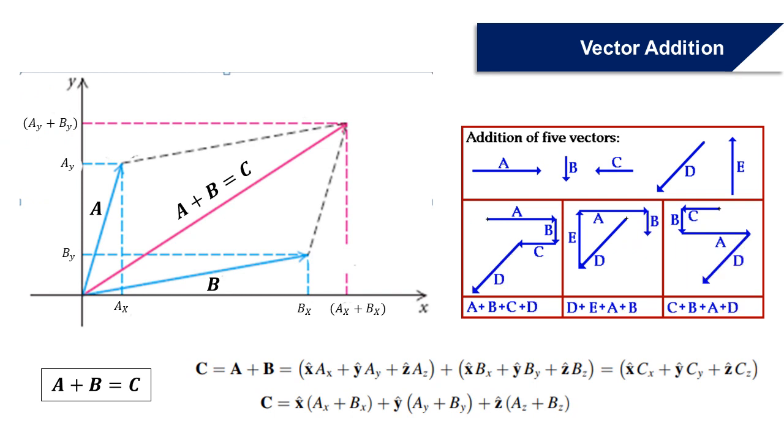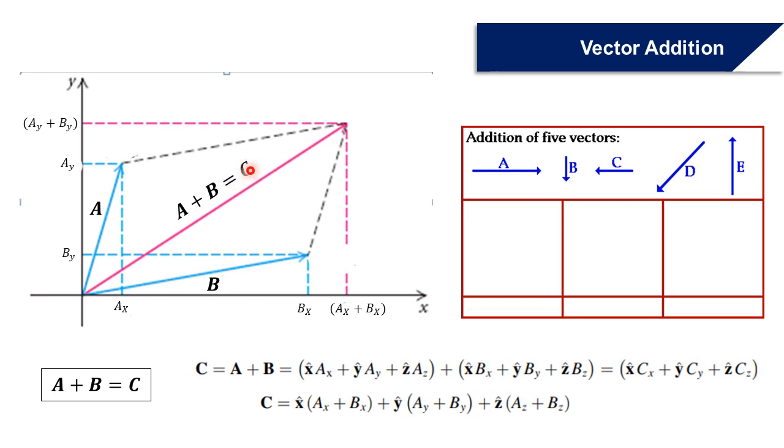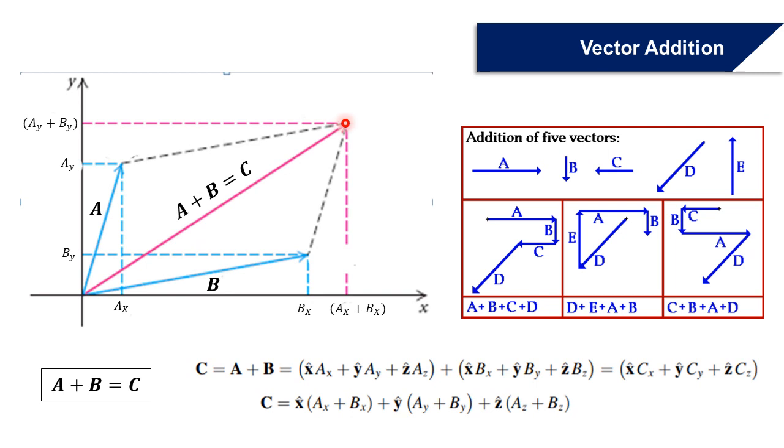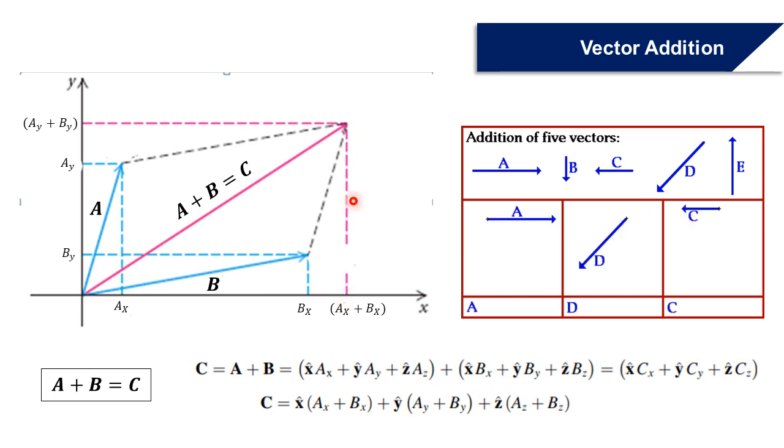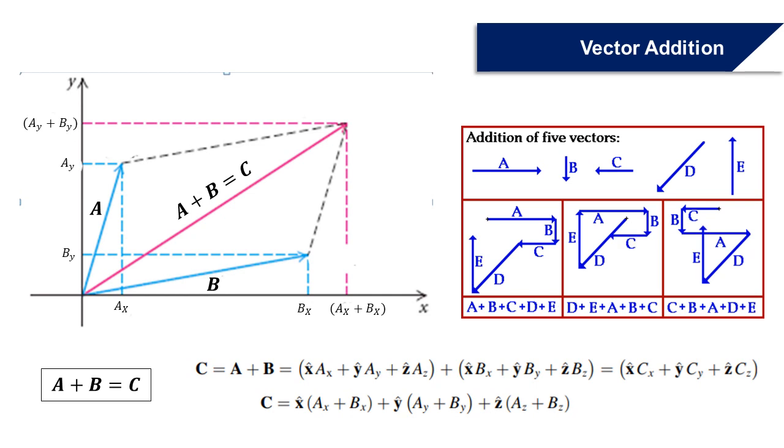So, kung kunin natin yung resultant, yung vector C, yung addition niya, ito na yung kanyang magnitude, at ito yung kanyang scalar component sa x-axis, and yung kanyang scalar component sa y-axis. Okay? So, yan. Formula natin, basic.